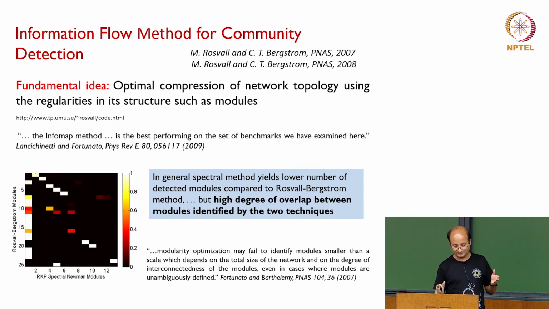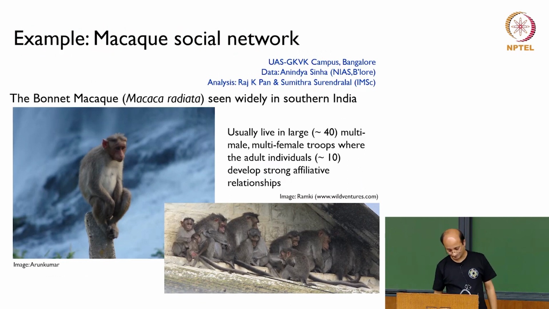Typically this information flow method gives you more modules, but it turns out that they are just splitting the modules you find from the Newman measure. So even though the number of modules is different, you can see them as just a finer splitting of the modules that you found using the Newman method. So that's typically what we do.